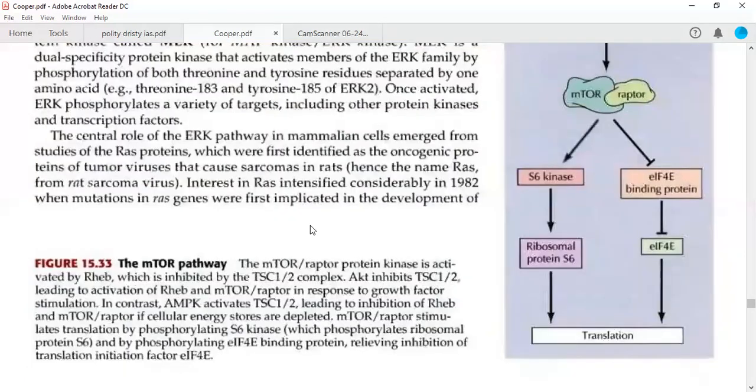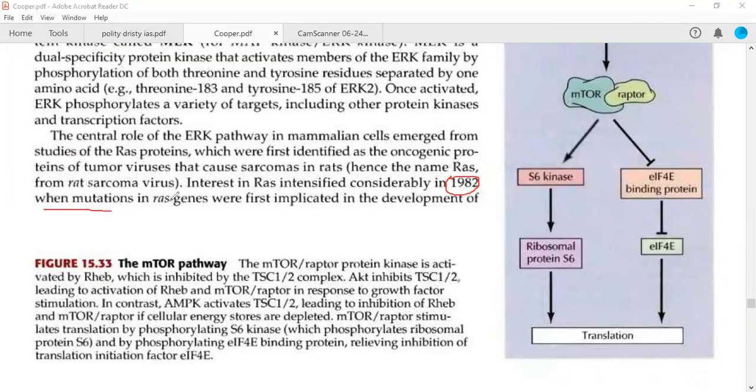So now, the central role of this particular pathway in the mammalian cell emerged from the studies of RAS protein. We were not knowing anything, but in 1982, things started changing. So what happened actually?